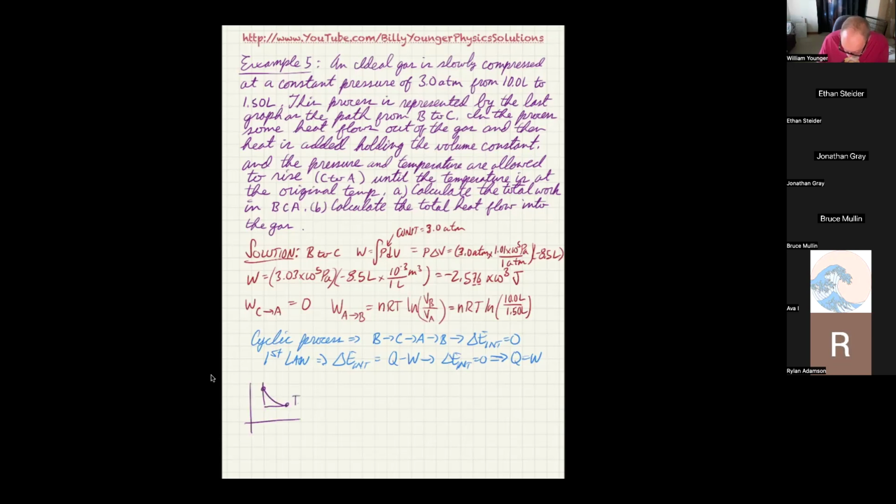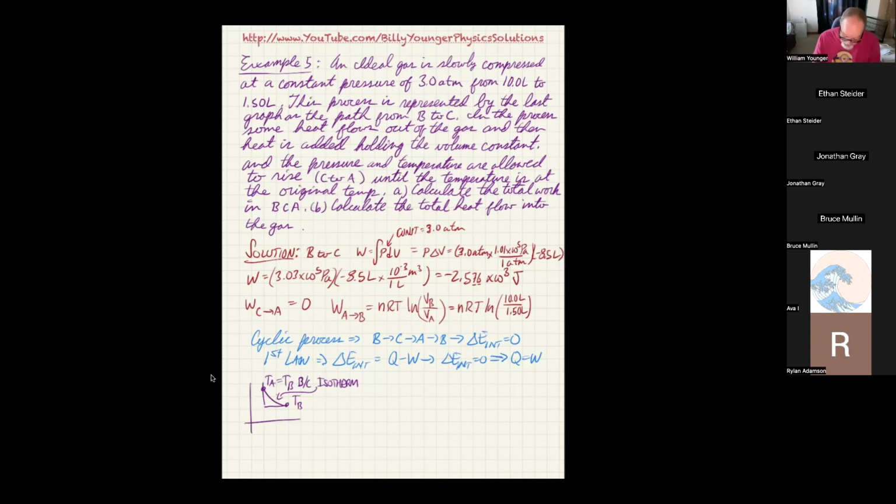So TB and TA are equal to each other because that's an isotherm. In other words, that little graph's an isotherm. So TA is equal to TB. So I don't even have to go all the way around to say delta E internal equals 0.